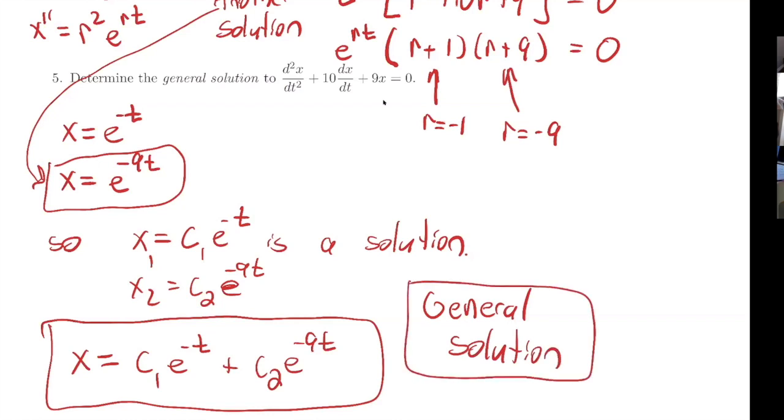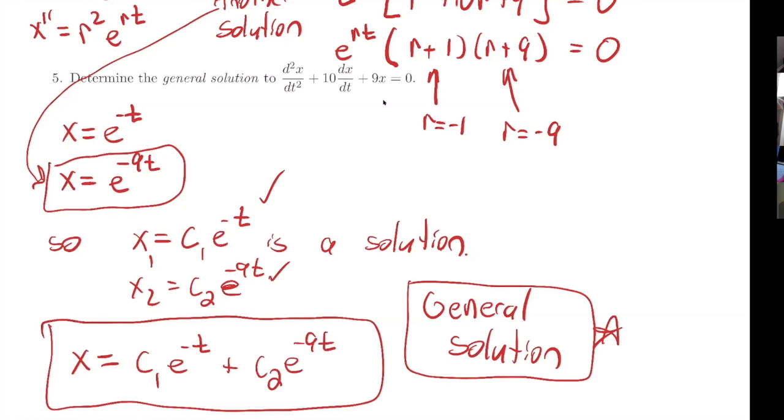And one thing that I'm going to ask you to verify on the homework that's due next week is that if I have two solutions, then the sum of those solutions is definitely going to be a solution as well. So you can verify this on the homework. I won't go through it now. But once I've got one general solution and a second general solution, then the sum of those two is going to give me the most general of all solutions.